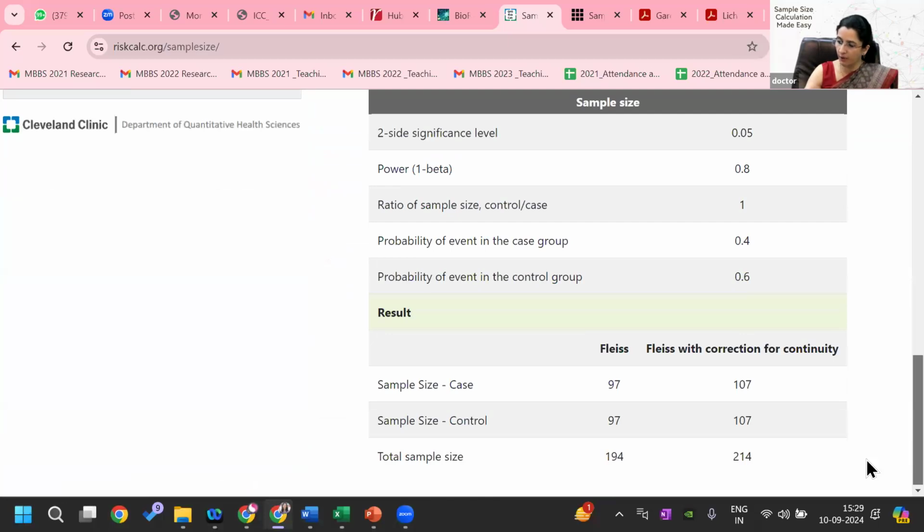So generally, the calculated sample size for a matched case control is less as compared to an unmatched case control. Unmatched is 107, whereas in matched it was 78 in each group.